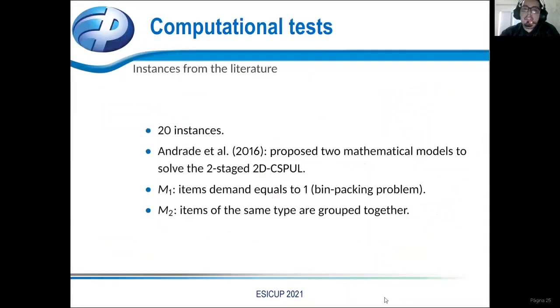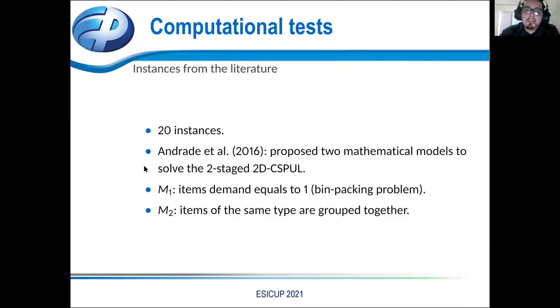So for the computational tests, we first used instances from the literature, 20 instances from Andrade et al., 2016. In this paper, the authors proposed two mathematical models to solve the two-staged two-dimensional cutting stock problem with usable leftovers.